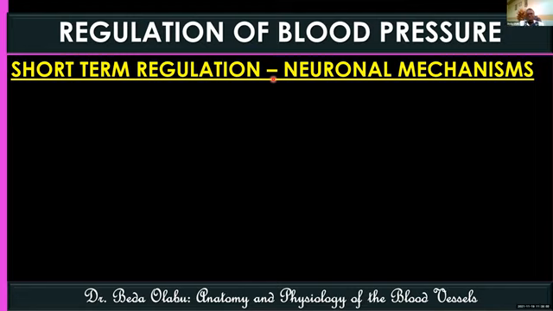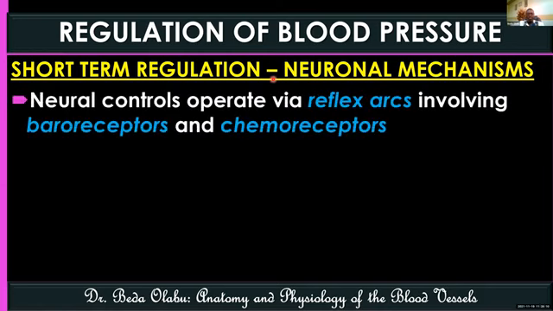Let's start with neuronal mechanisms. So the neuronal control of blood pressure largely relies on receptors that detect pressure and receptors that detect the concentration of oxygen, carbon dioxide, and hydrogen ions in the circulation.